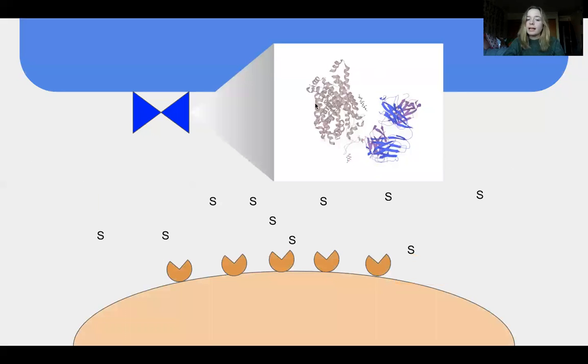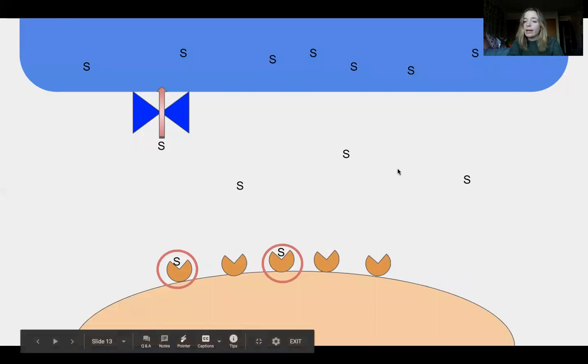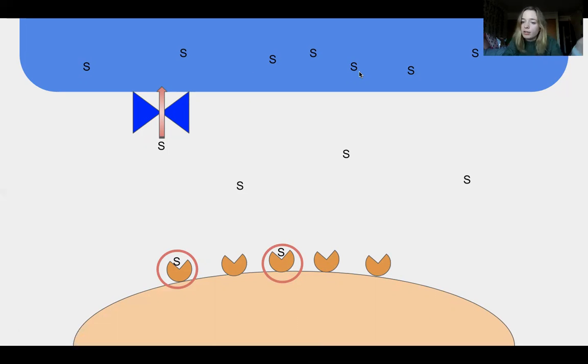Now, normally we're going to have our protein, again, alpha helices, beta sheets, our overall structure. That is going to take those serotonin molecules that were in the synapse, and it's going to recycle them or reuptake them into the original neuron. And that's going to allow us to release those again later on, so we don't have to make more serotonin.